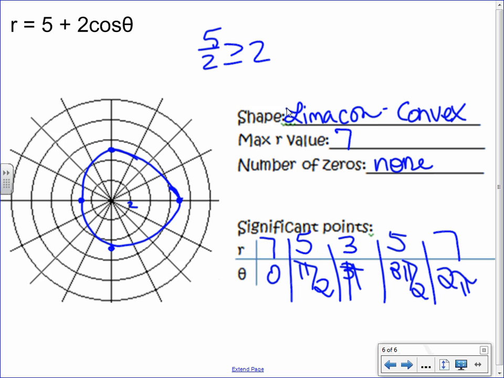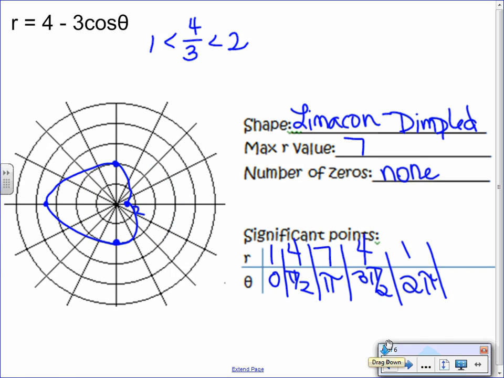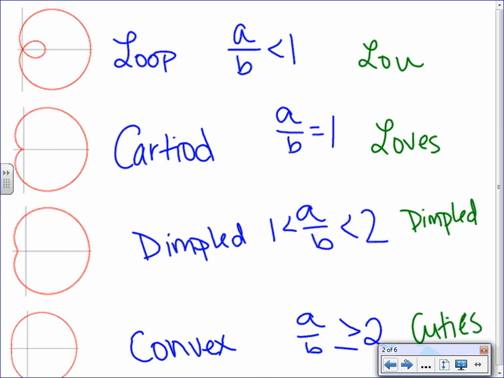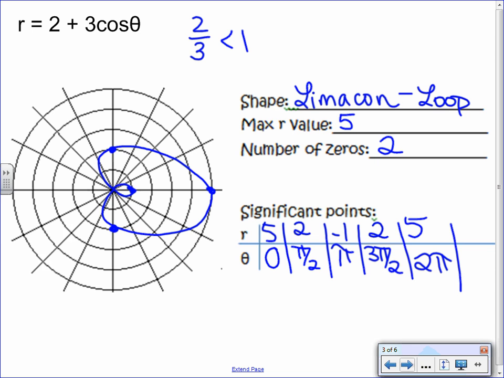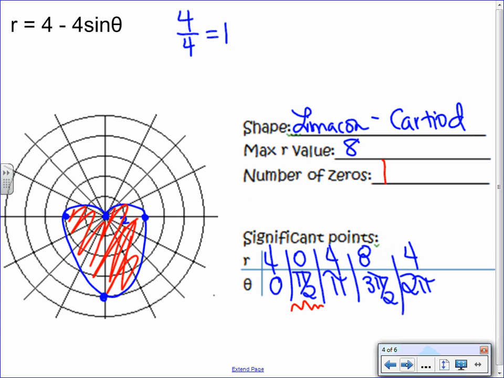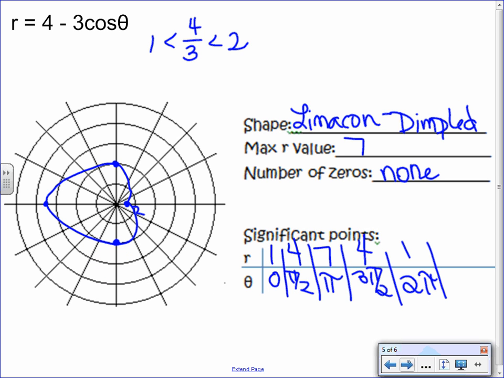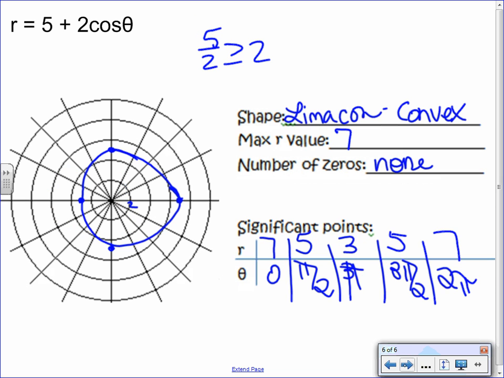Where the flat spot is. A minus B here is where the loop was. A minus B here, where the indent is. A minus B here, where the dimple is. A minus B here, our flat part.